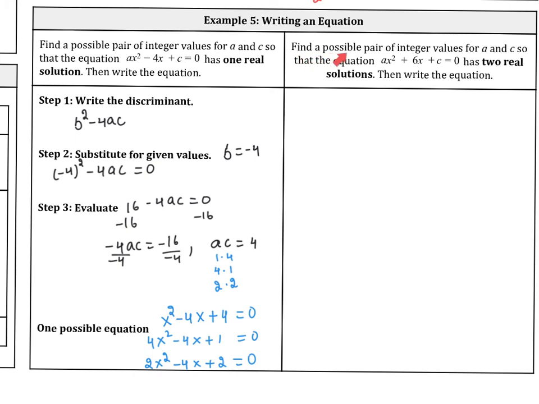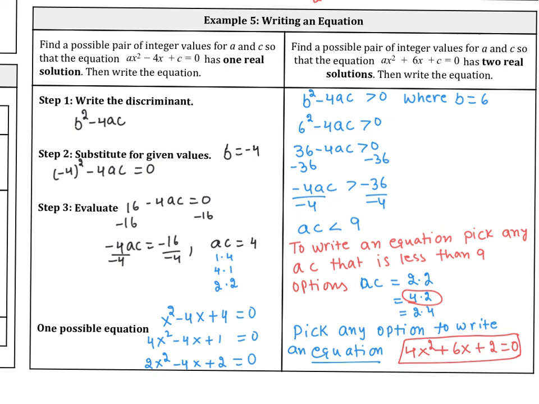Next is find a possible pair of integer values for a and c so that the equation ax squared plus 6x plus c equal to 0 has two real solutions. Then write the equation. Now we're going to write down b squared minus 4ac greater than 0.